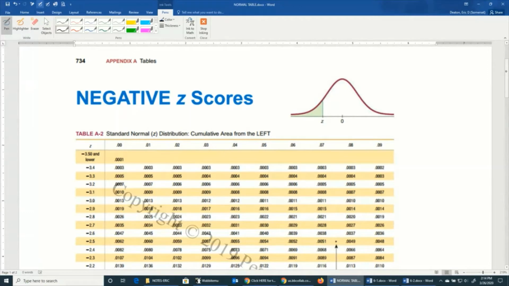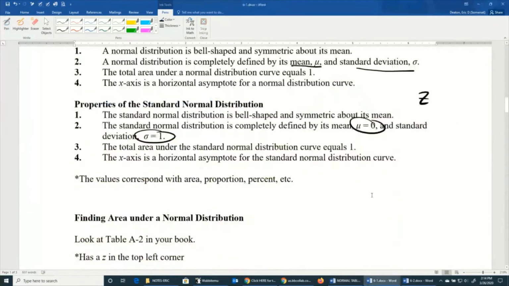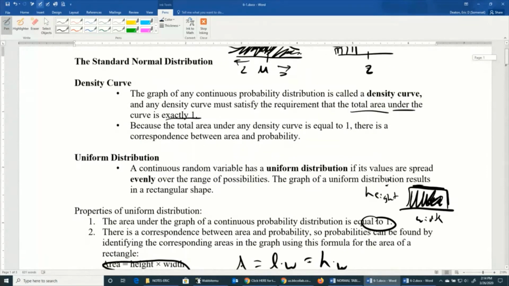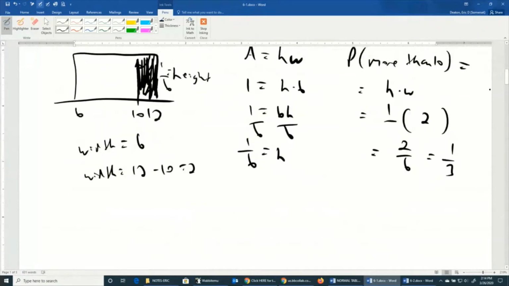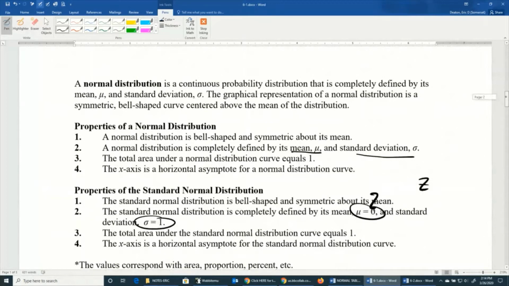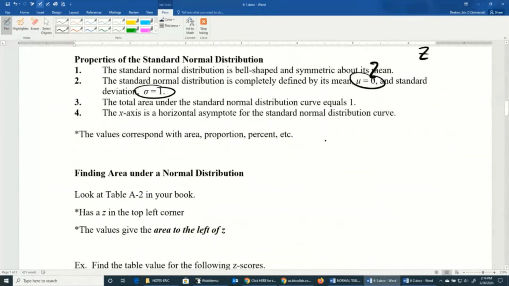You may have already seen it, and I'll go ahead and write it for you. The conversion factor is z equals x minus the mean, divided by the standard deviation.